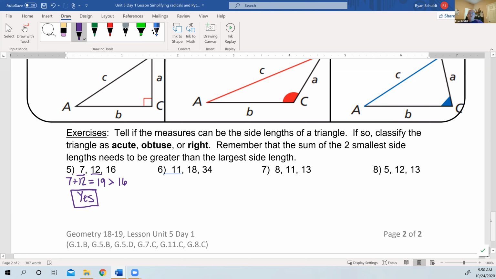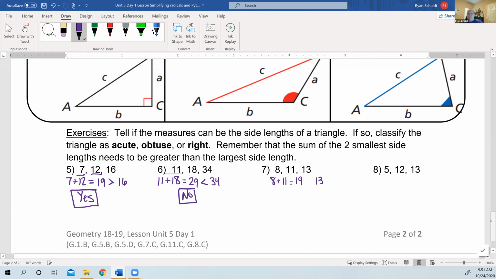Okay, I'm going to just do the triangles first, see if they can be a triangle first, and then we'll go back and do the other part. So let's look at number 6. My smallest two sides are 11 and 18. So 11 plus 18 is equal to 29. How does this compare to 34? It's less than. Can this be a triangle? No. Next one. 8 plus 11 is equal to 19.